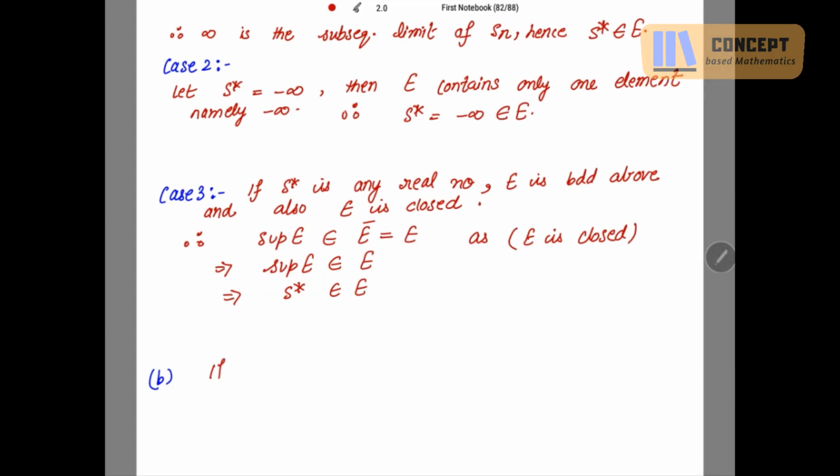So if possible, suppose there is a number X which is given to be greater than S star, such that what we have to prove is that X is greater than Sn. Let's contradict it, such that Sn is greater than or equal to X for infinitely many values of n.